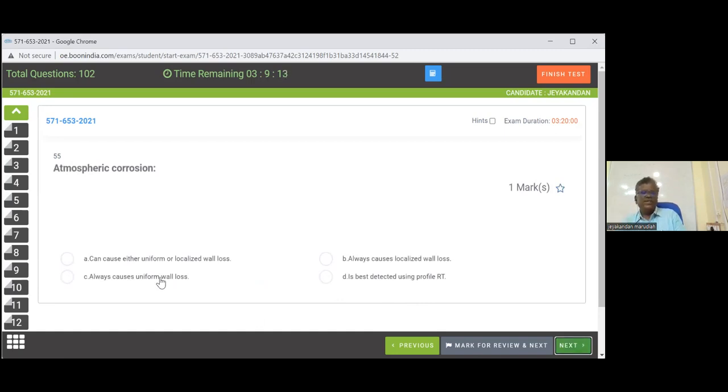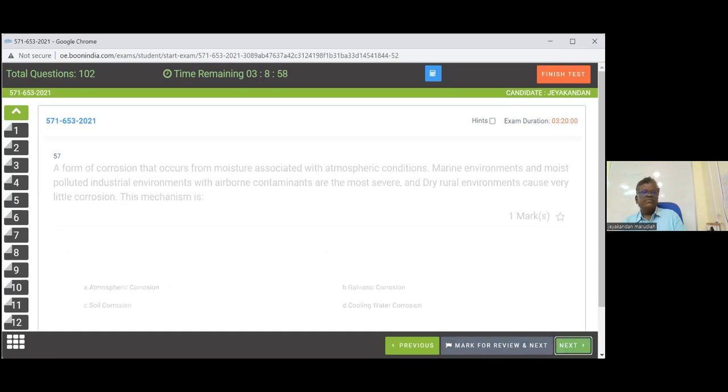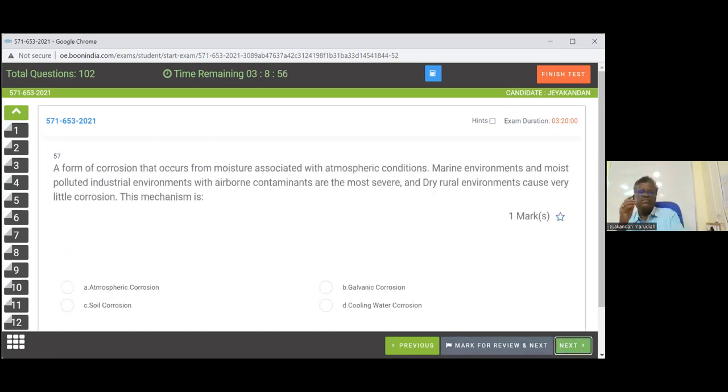Atmospheric corrosion can cause either uniform or localized corrosion. That is correct. Next. Which of the following materials is least affected by atmospheric corrosion? Stainless steel. It is a form of corrosion that occurs from moisture associated with atmospheric conditions, marine environment, moist polluted environment and airborne contaminants, and atmosphere and dry environment are very low.